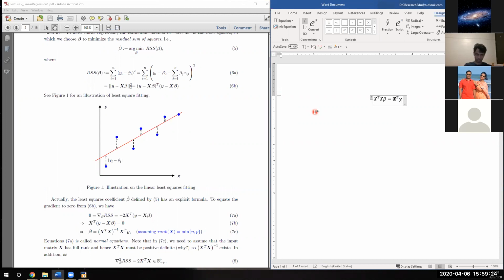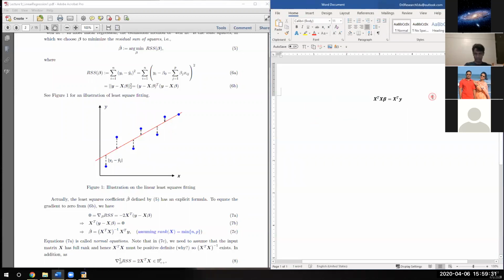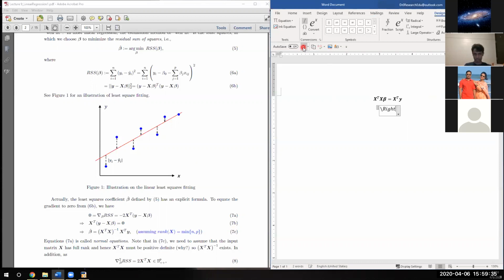All these are vectors, so let me make it bold. And from here, you get beta = (X^T X)^(-1) X^T y. I'm lazy to make it all bold, as long as you know all of them are matrices or vectors.